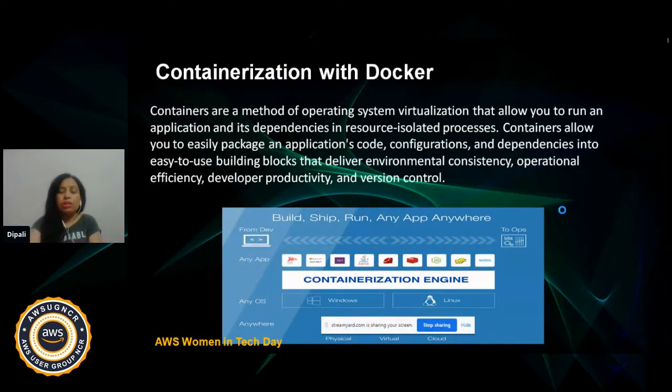And due to this offering, Docker became the world's leading software container platform. It actually automates the repetitive task of setting up and configuring development environments so developers can focus on what really matters to them, that is building great software.